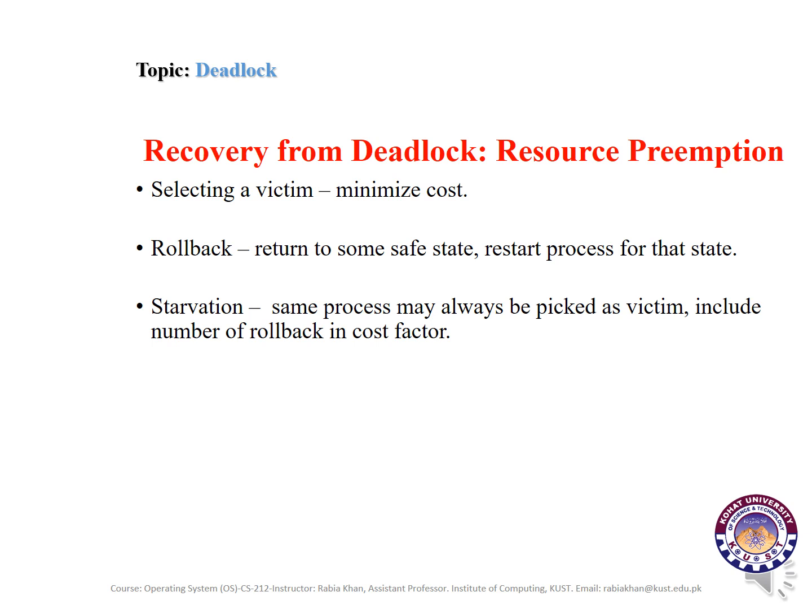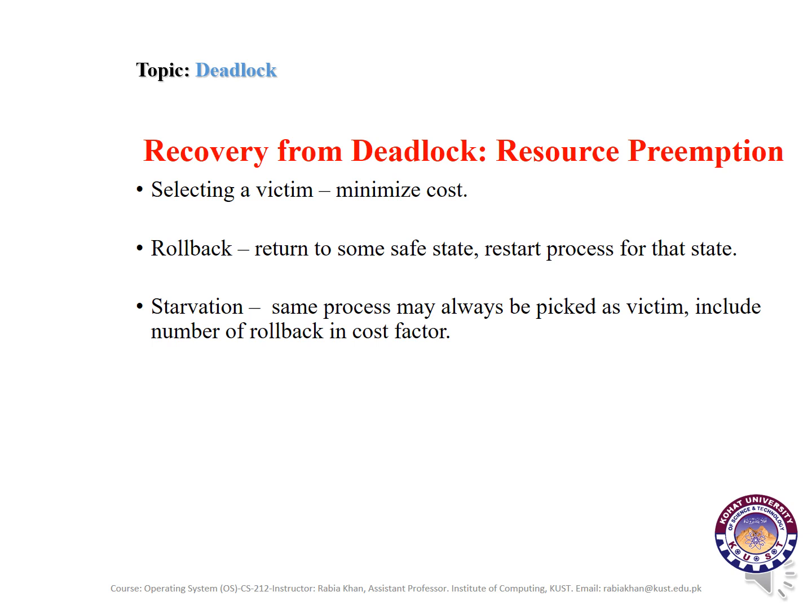So another mechanism to recover from deadlock is resource preemption. We have already discussed the first mechanism in the previous slide, which was process termination, and this is another mechanism, that is resource preemption.